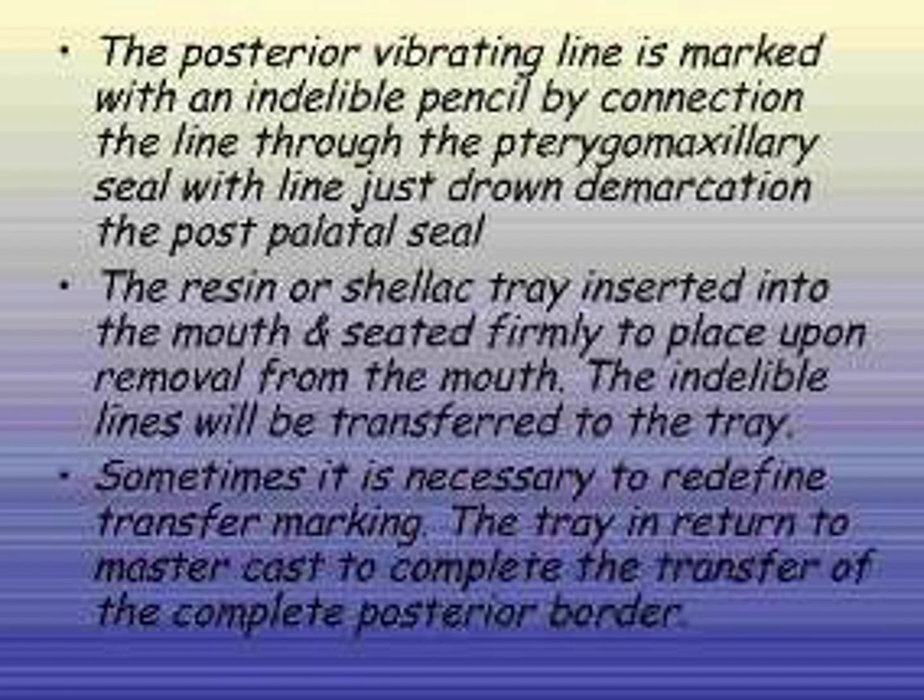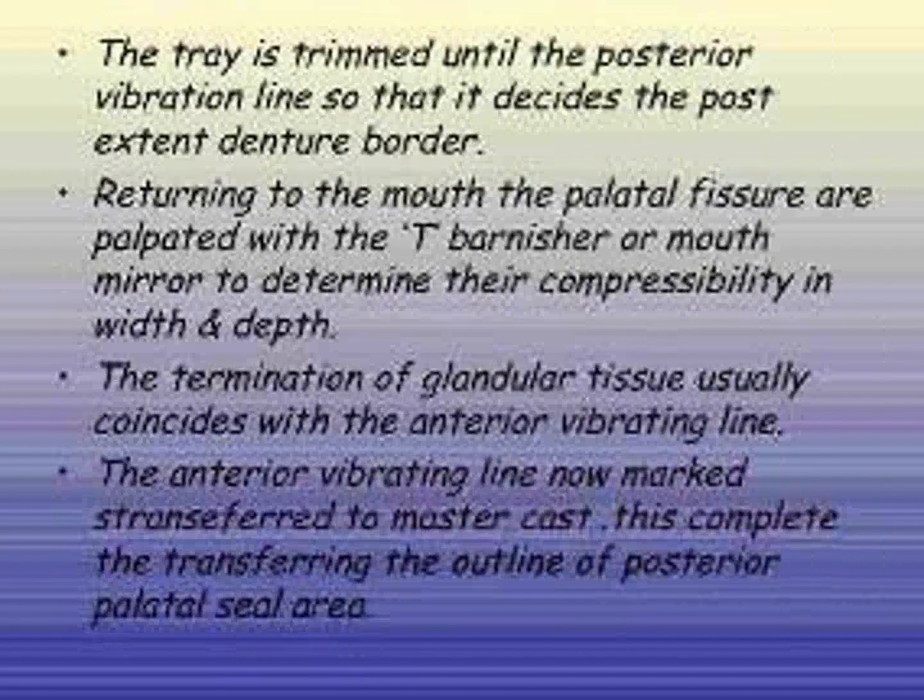The shellac or the special tray is then inserted into the mouth and seated firmly into place. Upon removal from the mouth, the marking of the indelible lines which are done intraorally transfer onto the tray. Sometimes it might be necessary to redefine this transfer marking, and the tray has to be returned to the master cast to complete the transfer of the complete posterior area.